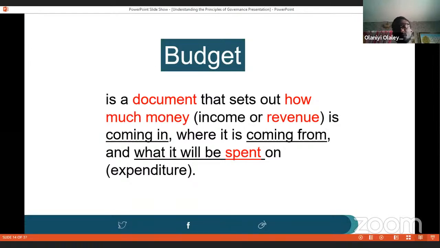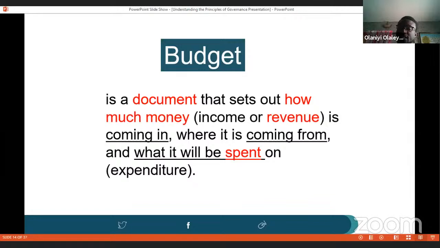I'm very sure nobody will be able to tell me how much Lagos State, Kaduna State, or Osun State budgeted for 2020. These are the problems, these are the issues. When people don't demand accountability, or don't ask questions from the government, they tend to take advantage of the citizen.